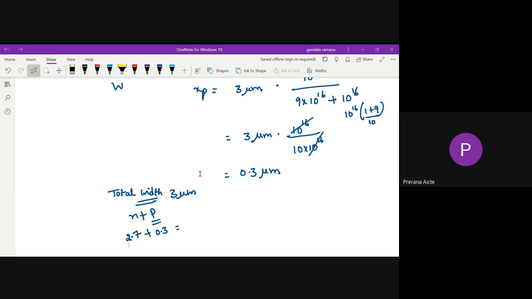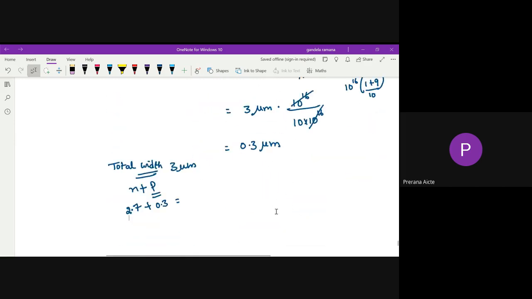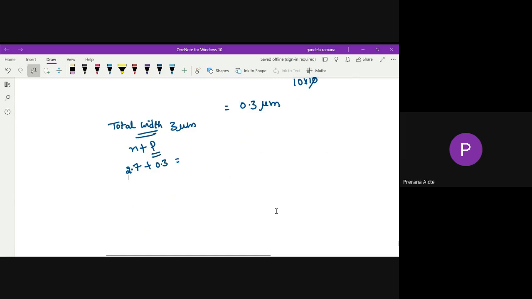They gave us Na, Nd and the total width, and from that we had to find the P side width, which is 0.3. Total width is 3 micrometers, and when you subtract 3 minus 0.3, you get 2.7 micrometers. We will continue with the PN diode in the next class.